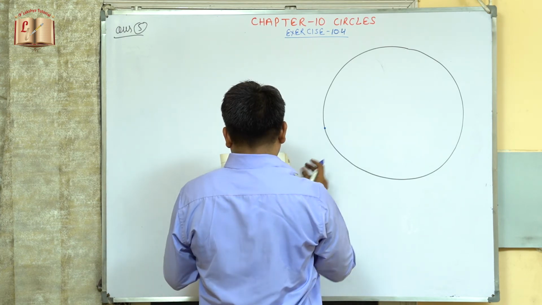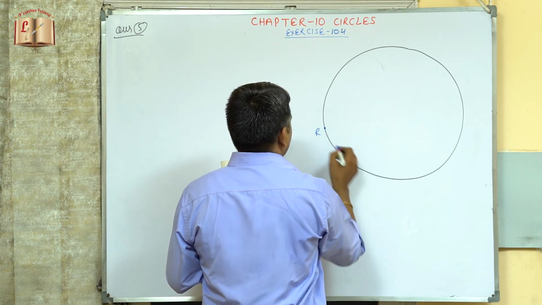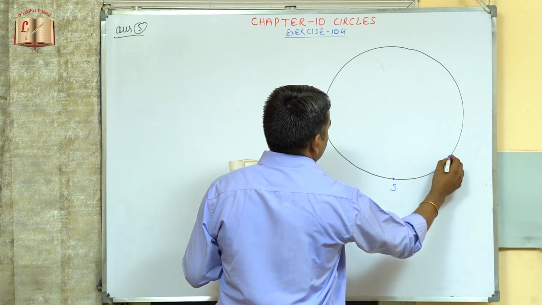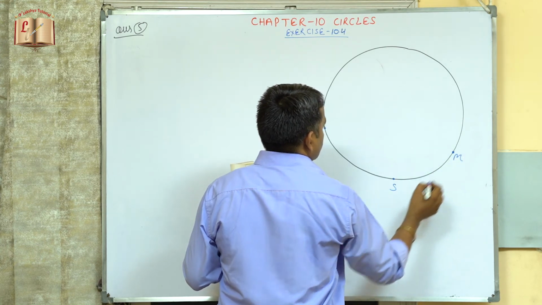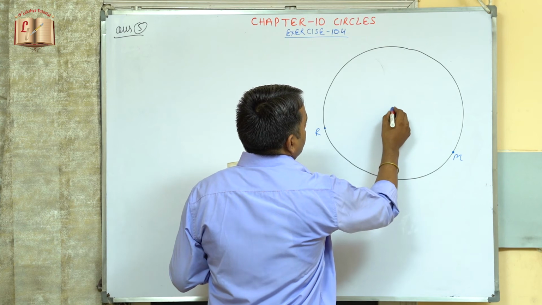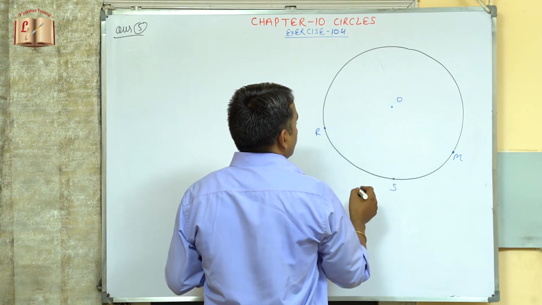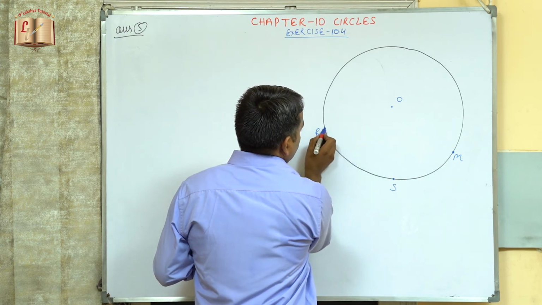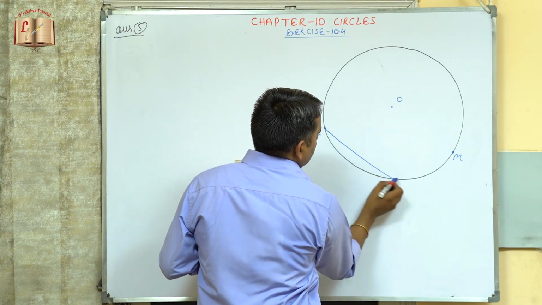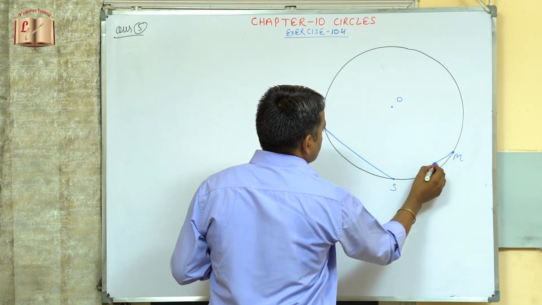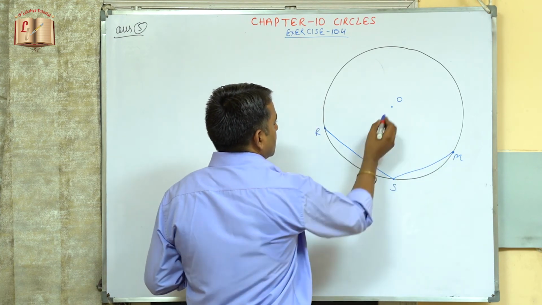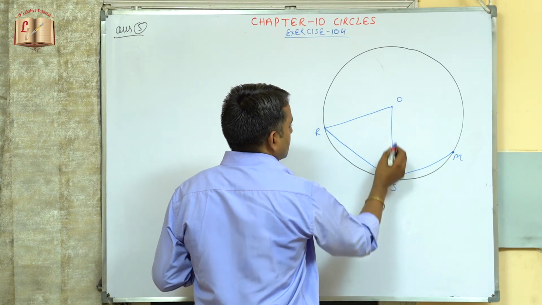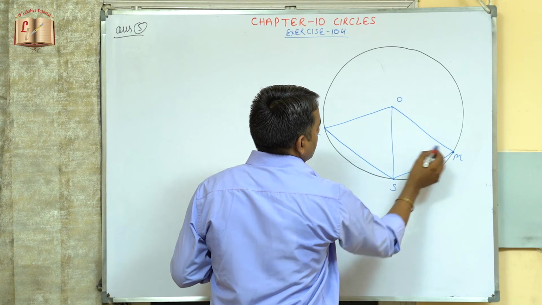Suppose the first one, Reshma, we will take as R, then Salma as S, and Mandeep as M. And suppose this is the center of the circle. So now this is throwing the ball to this, and this is throwing the ball to this, and this is joined, this is also joined, and this is joined.